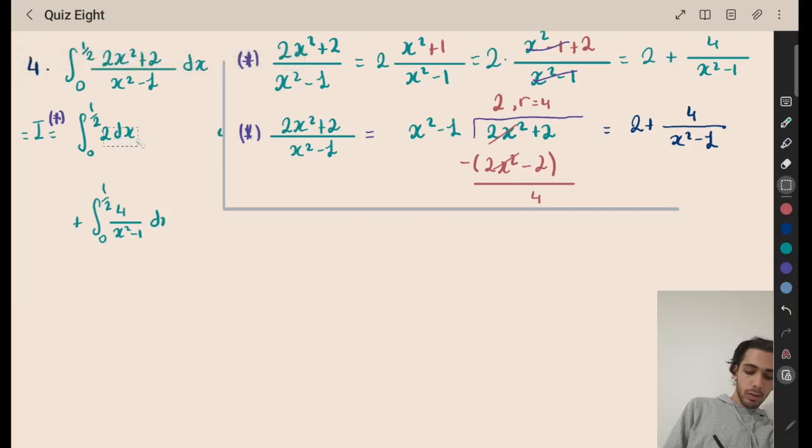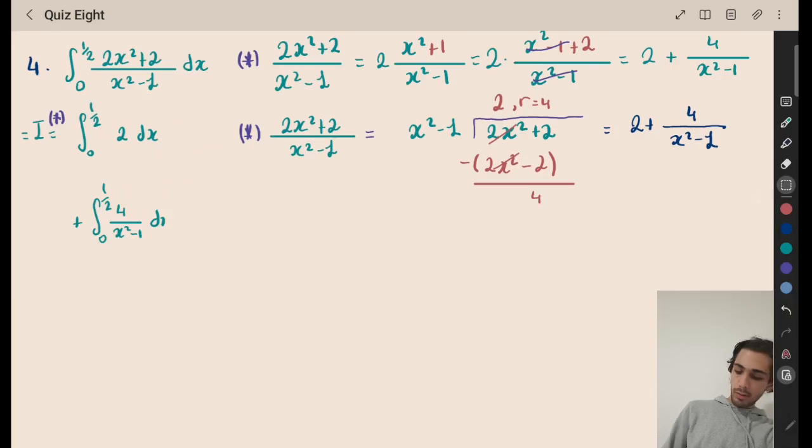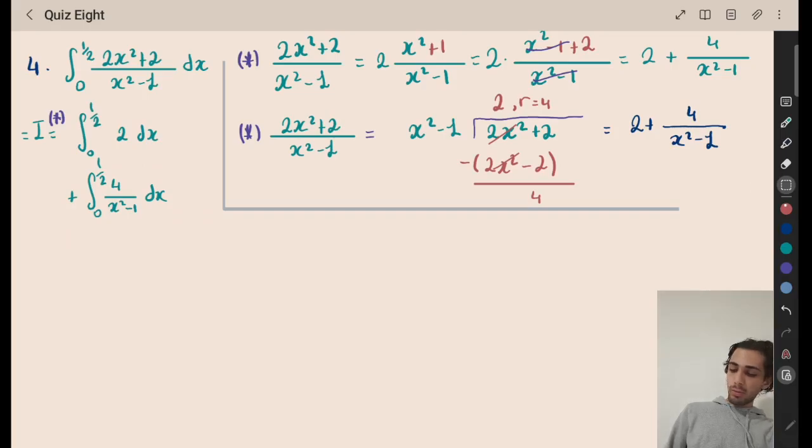So this is precisely what I mean when I say that we still need to deal with this thing. Maybe I'll write it like this so that I have enough space. It's a bit more accurate. So I still need to deal with this. Maybe I'll call it, I don't know, I1. So I is equal to the first integral plus I1.